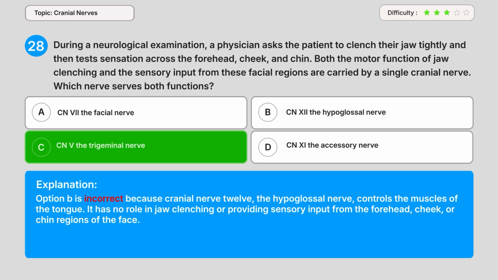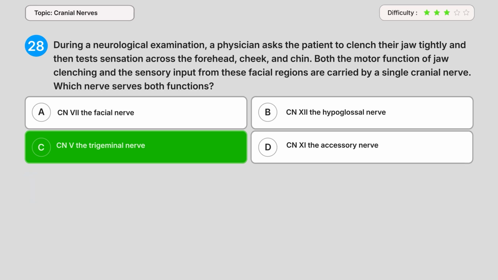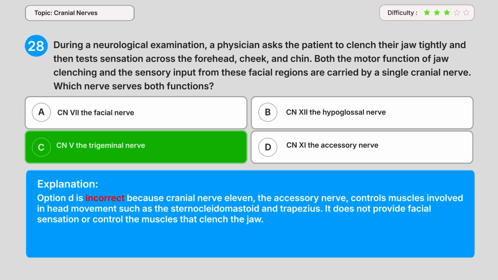It has no role in jaw clenching or providing sensory input from the forehead, cheek, or chin regions of the face. Option D is incorrect because cranial nerve 11, the accessory nerve, controls muscles involved in head movement, such as the sternocleidomastoid and trapezius. It does not provide facial sensation or control the muscles that clench the jaw.